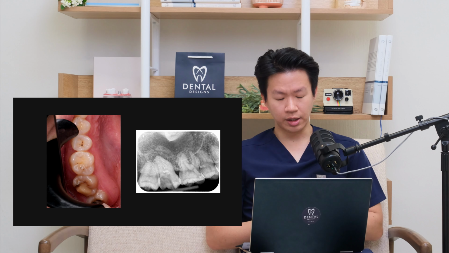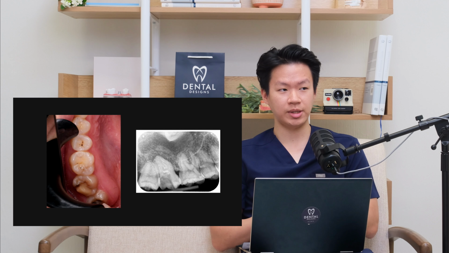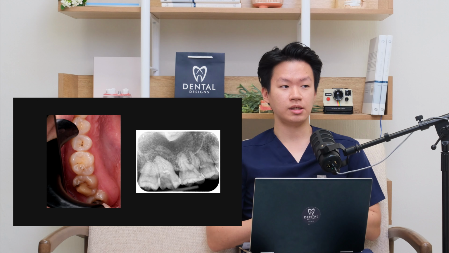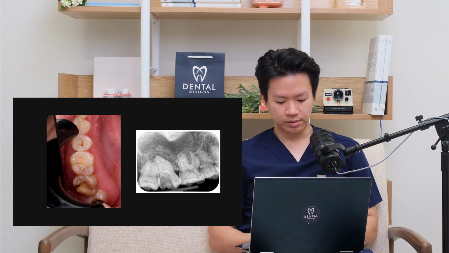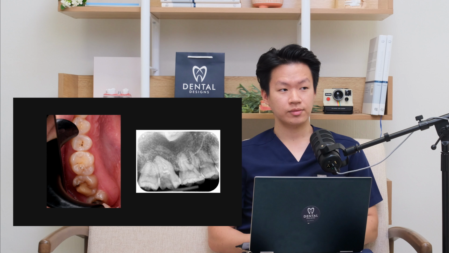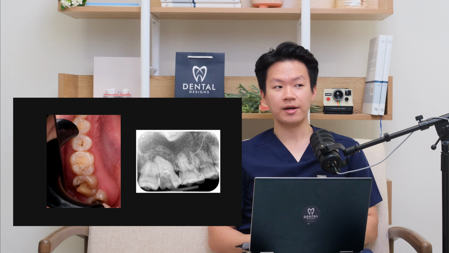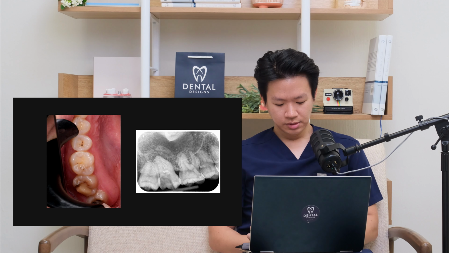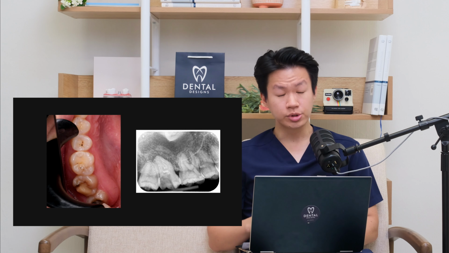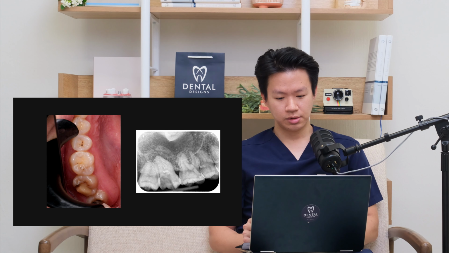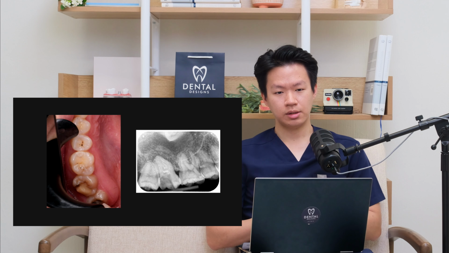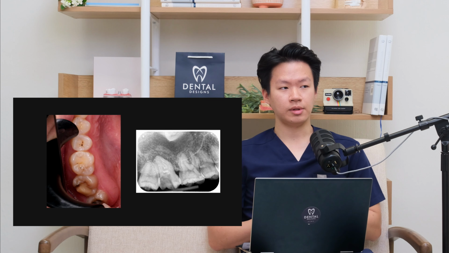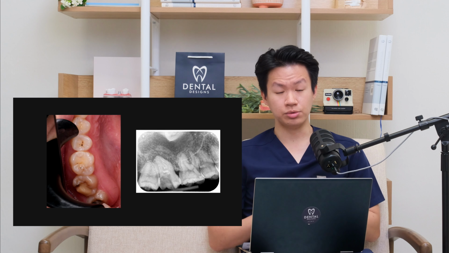This is where X-rays really come in handy, because based on the X-ray that we took, you can see that there's a very big decay, shown by this shadow on the second tooth from the left. This X-ray also shows an accompanying root canal infection on the tooth. So based on this, we can confidently say that the main cause of the pain is tooth decay.